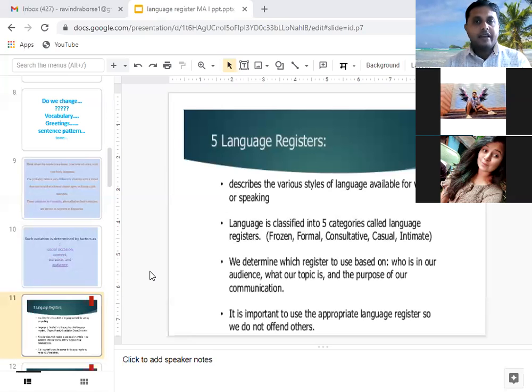Okay, but if I communicate with the cashier just like a librarian, then what would happen? There would be illogical communication, right? So it is important to use the appropriate language register so we do not discomfort others. If I use the register of a library at the bank, what would happen?